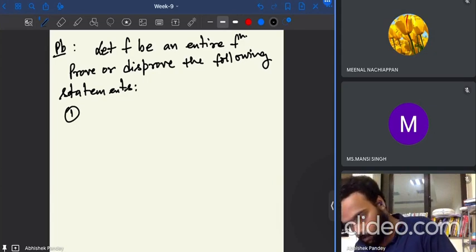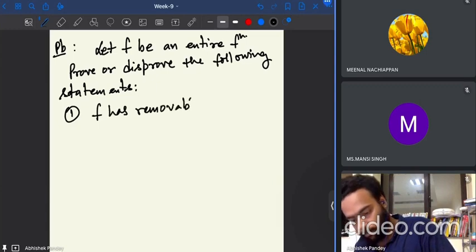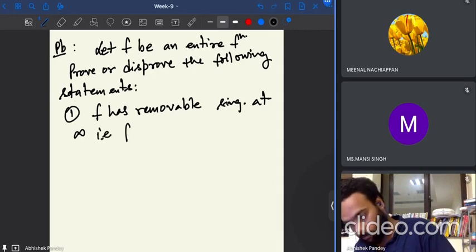So the first statement is, f has a removable singularity at infinity if and only if f is constant.